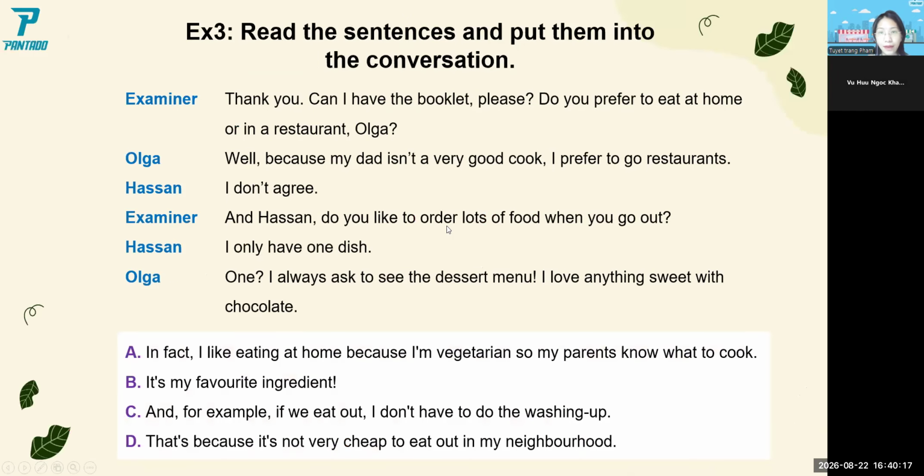And read the sentences and put them into the conversation. You have this conversation and some sentences below from A to D. You put this, please.